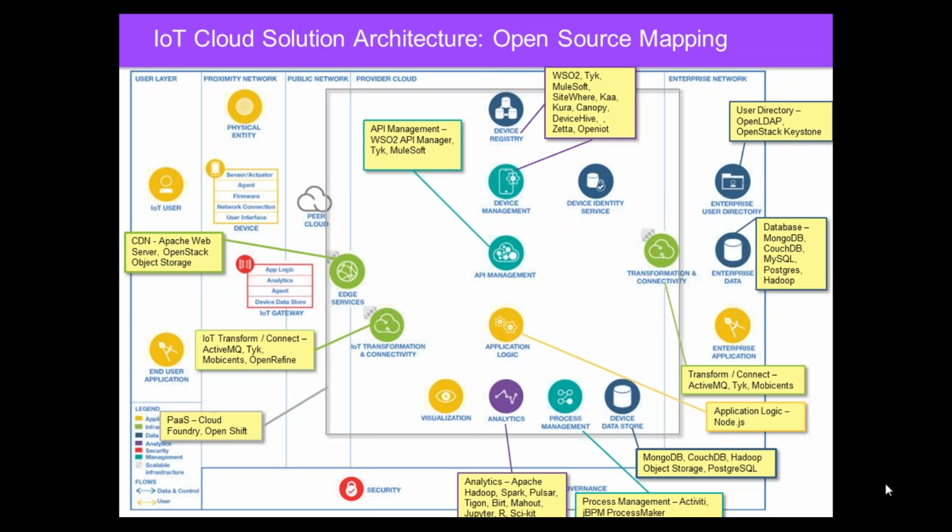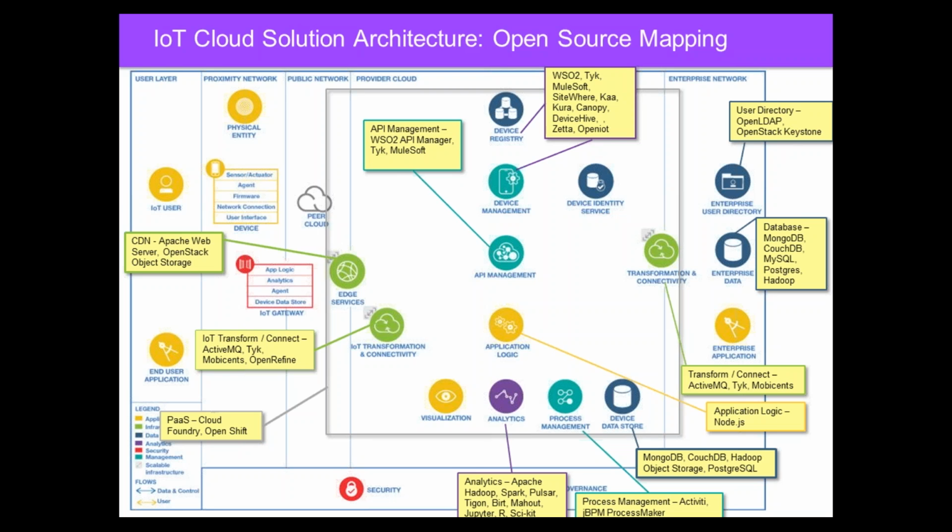Continuing on round in our clockwise direction, if we look at enterprise user directories, then we have in particular OpenLDAP available, which is a very good implementation of LDAP, great for user directories. And in the more cloud-oriented arena, we have the OpenStack Keystone project, which can be used for the same sort of things. Again, in the enterprise area, for the enterprise data, there is a whole series of different databases available that could be used.